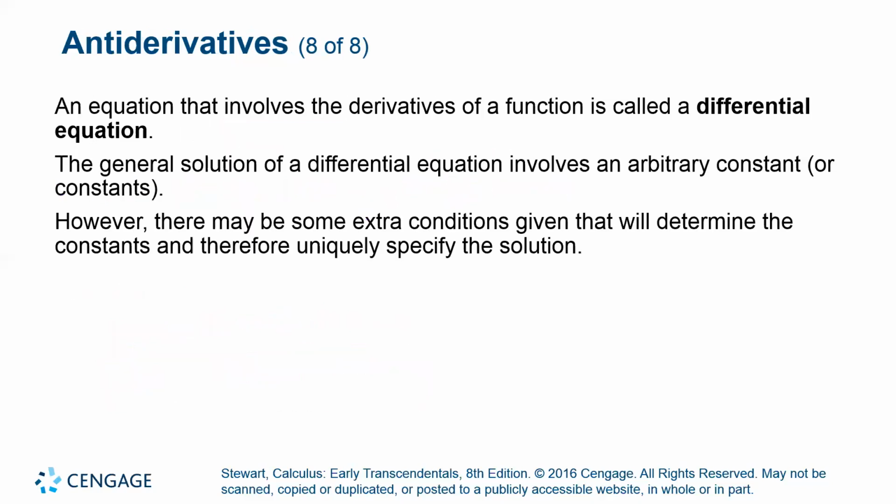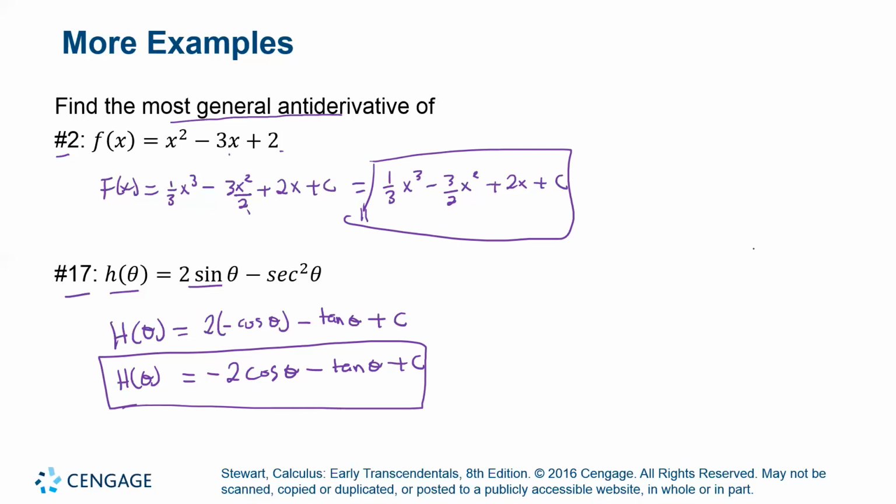Like we said, these constants, the c, or if you use a d, whatever it is, could be determined. The constant c can be determined. Well, we have what we call initial value problems.